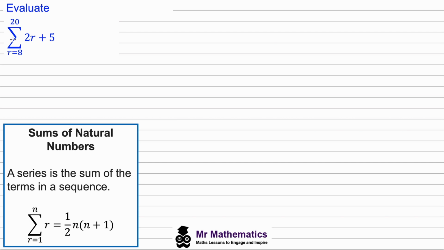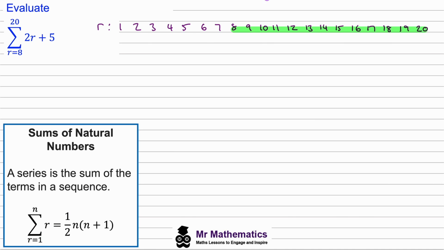So if we think about what's happening with the 8th to the 20th term, what we're looking for is the sum of this series between the 8th term and the 20th term. But to use this formula, we need to use it in this form where we start with r equals 1.